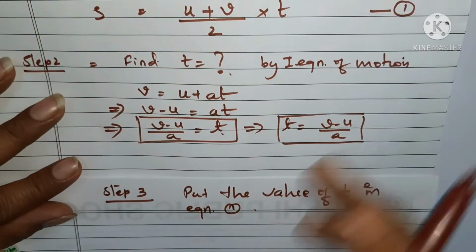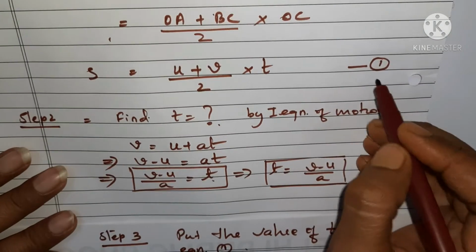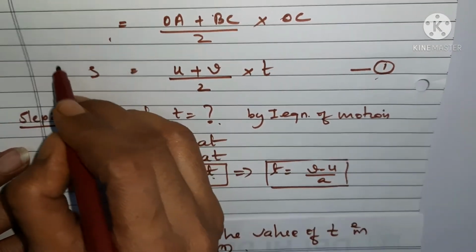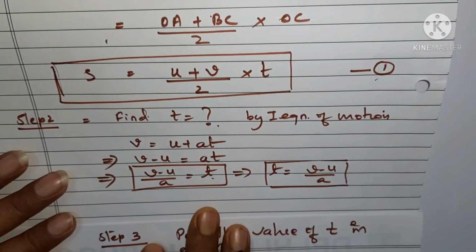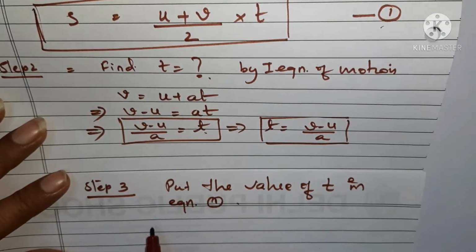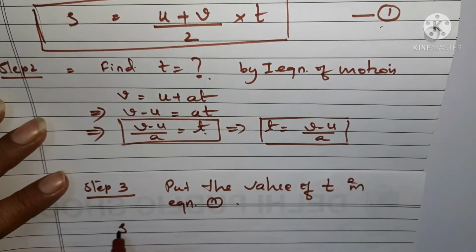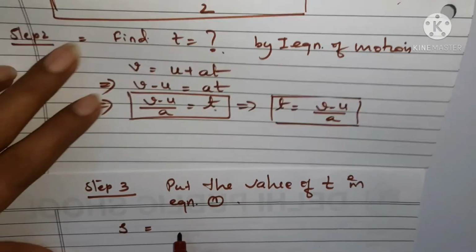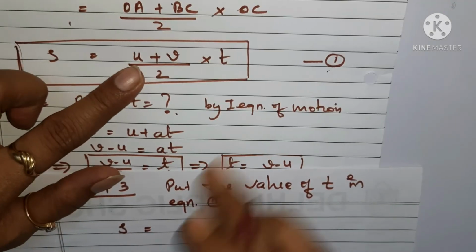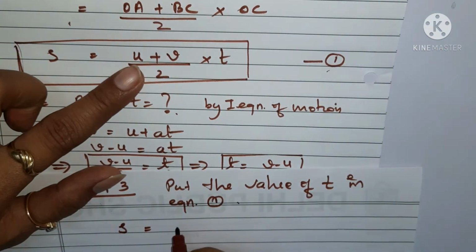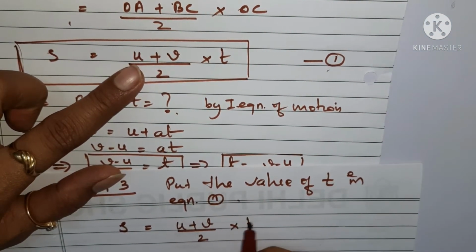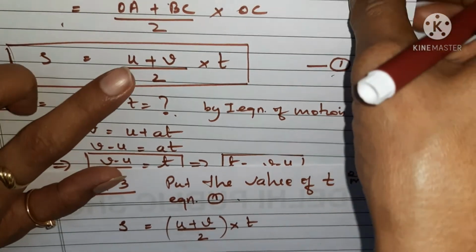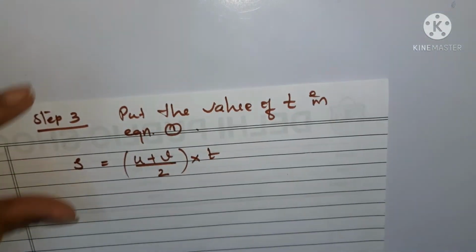Which equation 1? It is not the equation of motion, it is the equation which we have taken out from here. This was the formula which we have written for the trapezium. So we are going to put the value. S is equal to, let us write first the formula, U plus V upon 2 into T. This is our formula.